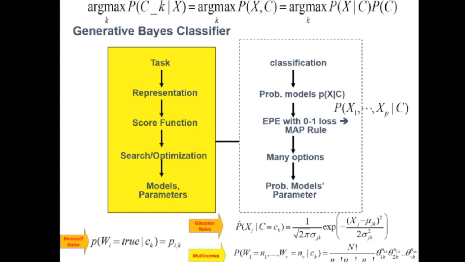And the different generative-based classifiers differ at how they model the P(X|C). What we covered last time is the naive discrete classifier, which tries to capture whether a specific value of a feature exists or not. And then you use a multinomial distribution to represent it, and then use counts to estimate the multinomial parameters from the training data.